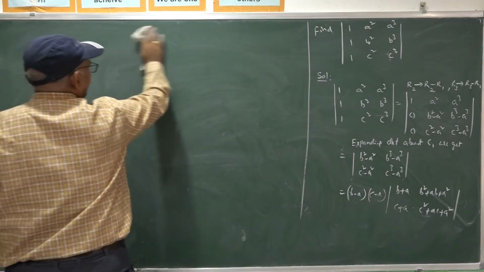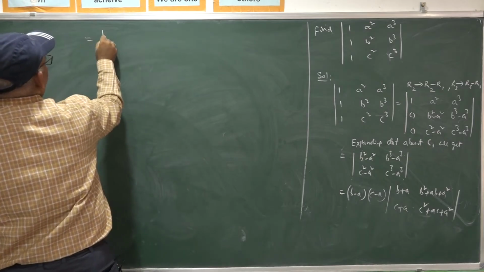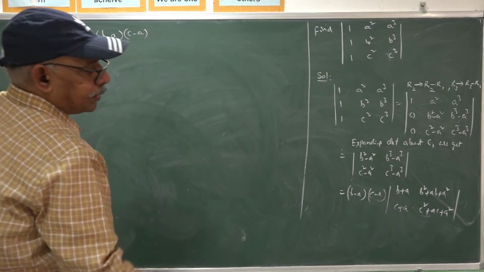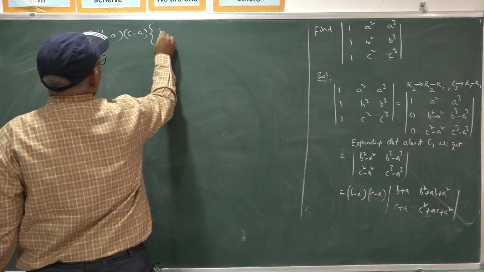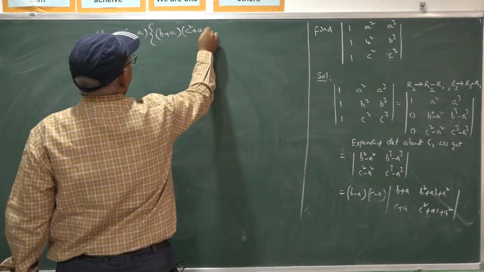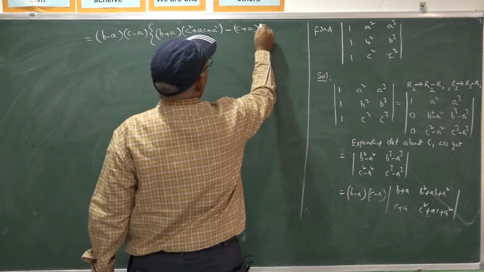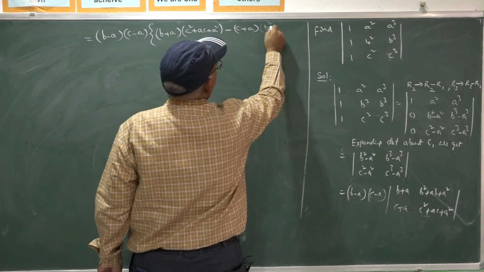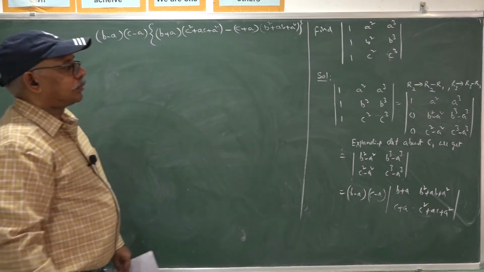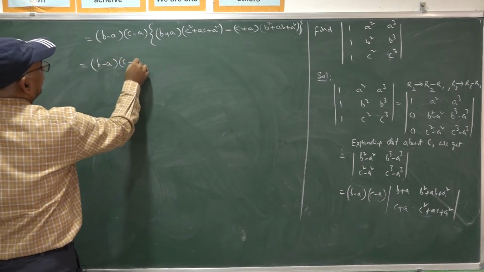Evaluating that 2 by 2 determinant, we get B minus A into C minus A, times the determinant: B plus A multiplied by C square plus AC plus A square, minus C plus A into B square plus AB plus A square. Now on simplification, we get the required determinant value.